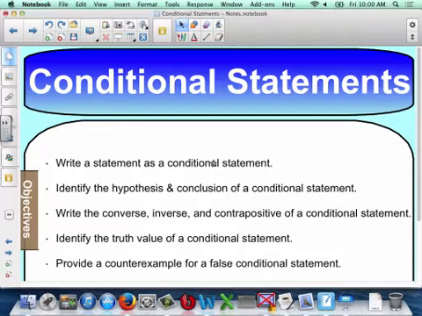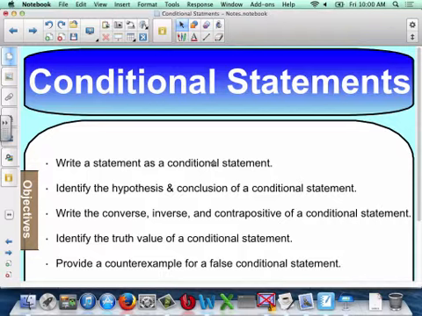Now, first of all, what do you guys think? What is a counterexample? Ultimately, guys, a counterexample just shows the statement's false. For example, all trees are tall.